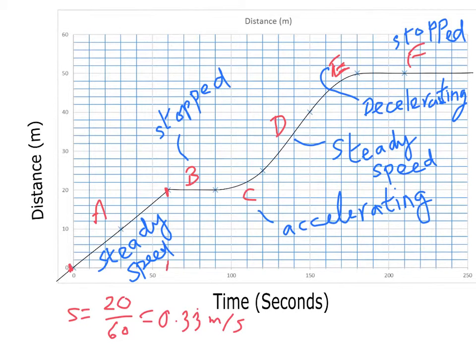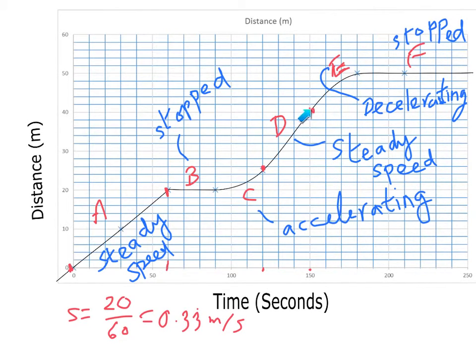And another example here, you can see D, there is a straight section here, so we can work out the speed between these straight sections. It's pretty straight, nearly straight. So here we have 120, and that goes up to 150, so that's about 30 seconds. You can see this from here, 120, 130, 140, 150, so that's 30 seconds.